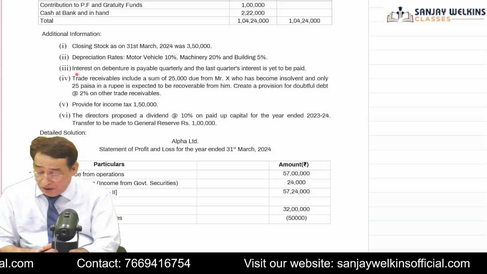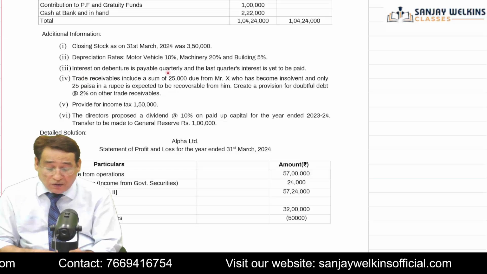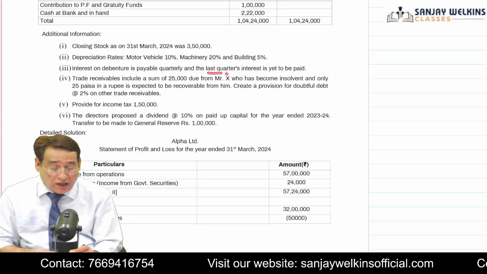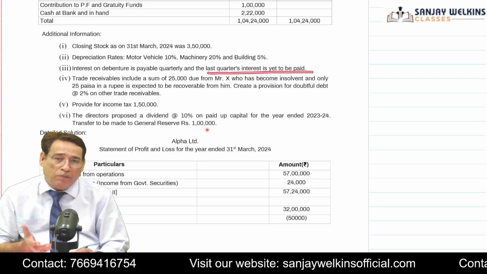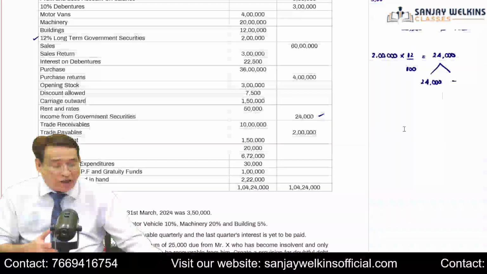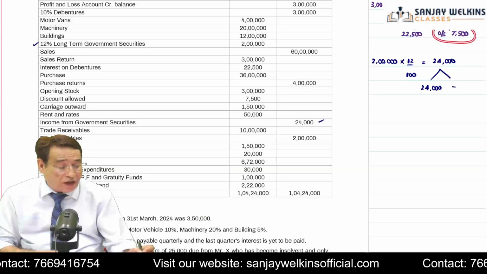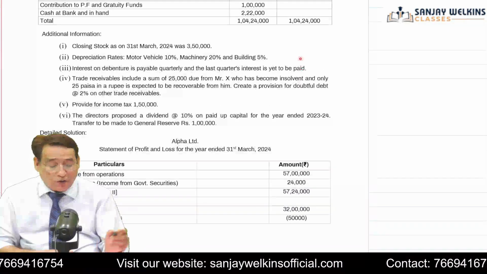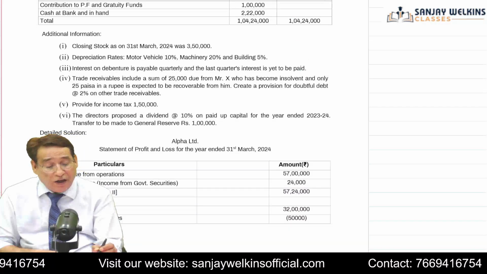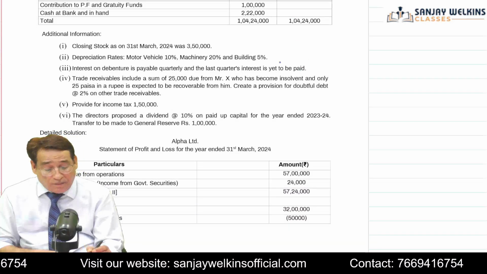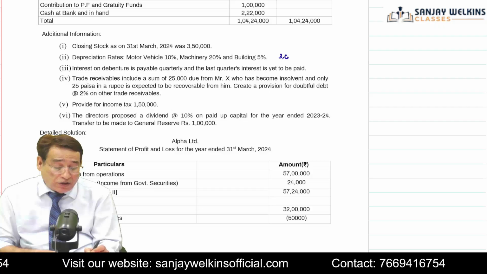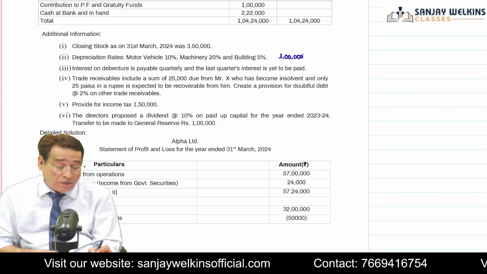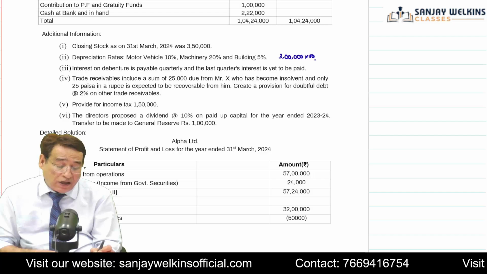Is it clear? Then we are being given that interest on debenture is payable quarterly, and last quarter interest is yet to be paid. Honestly speaking, we have already traced out that 7,500 is outstanding. But you can also apply this information to find out 7,500. How? Let's have a look. Our total debentures are worth rupees 3 lakh and 10% is the rate of interest.